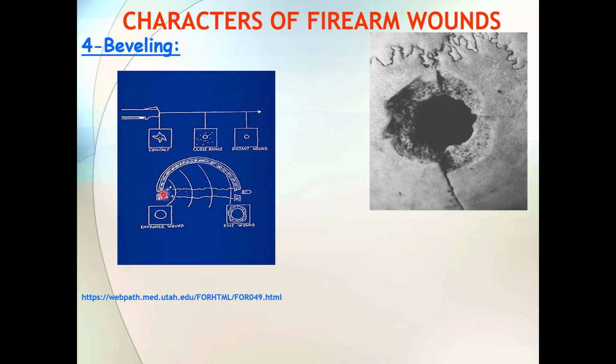So beveling occurs internally at the inlet, but at the exit, the inner table is supported by the outer table. So the opening in the inner table is smaller than at the outer table, because the outer table is not supported, since here we find the scalp. So beveling occurs internally at the inlet, externally at the exit, such as this.